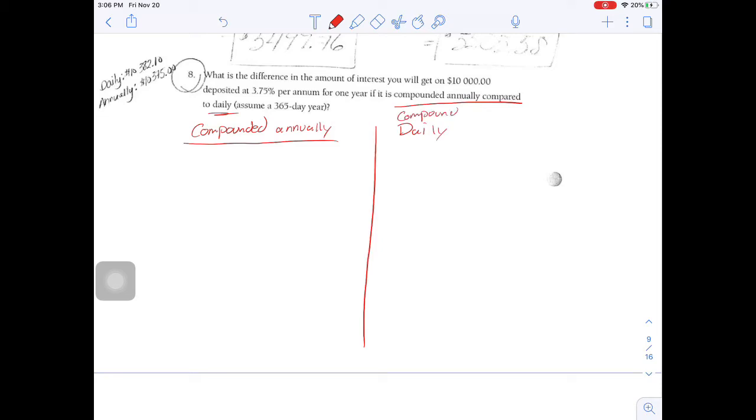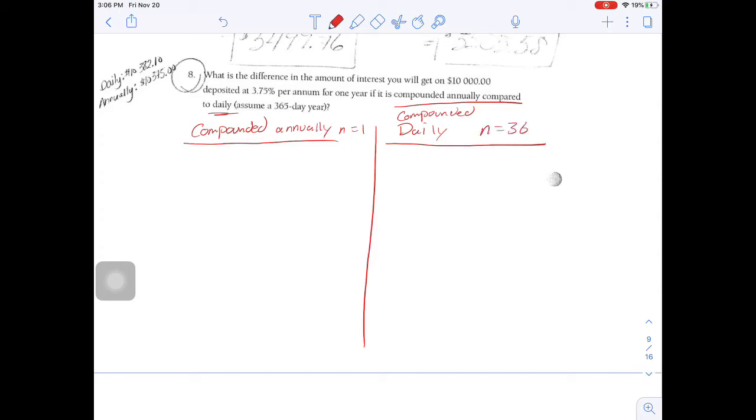So just think about how much that breaks your value into. So here, if you're compounded annually, that means you just get it every year. So N simply equals 1. Over here, if you're compounded daily, that means you're breaking your year up into 365 different times you get paid.